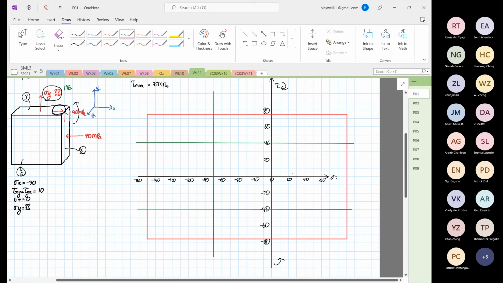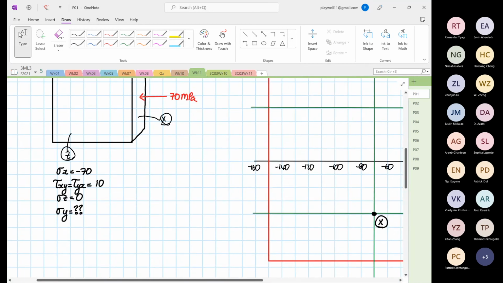And we know that at point X, the element is going to rotate anti-clockwise. So over here, this is our point X. I don't know why down here they say the shear is 10. It is 40.